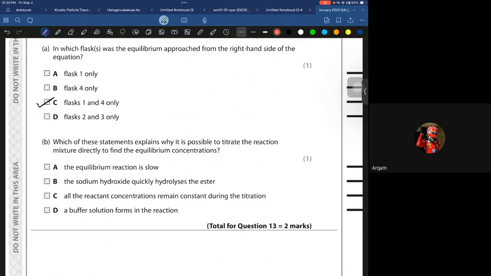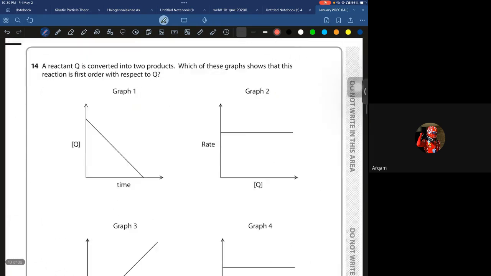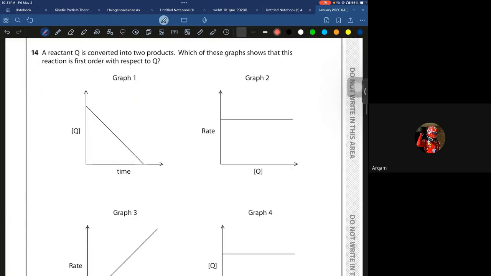So when the equilibrium reaction is slow, it is possible to titrate the reaction mixture directly to find the equilibrium concentration. That's it. A reactant Q is converted into two products. Which of these graphs shows that this reaction is first order with respect to Q?